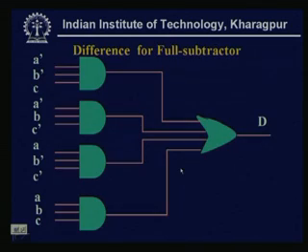So, if we see the difference for the full subtractor, it is totally the same as that of the full adder circuit, because that expression is the same. So, already we have discussed this needs 4 3-input AND gates and 1 4-input OR gate.